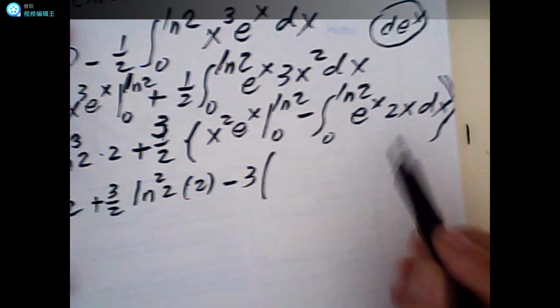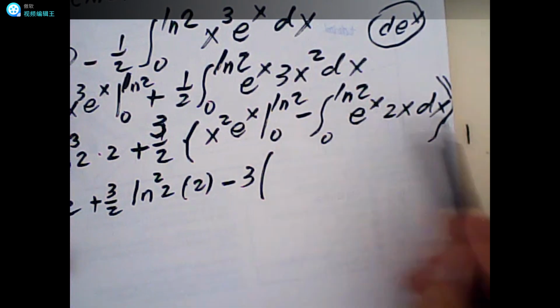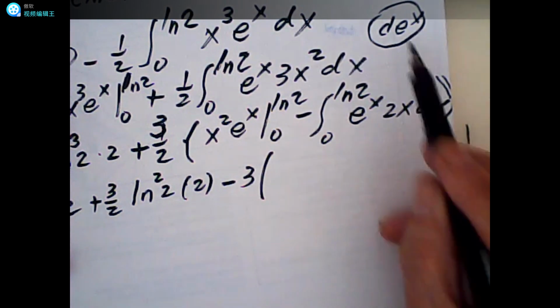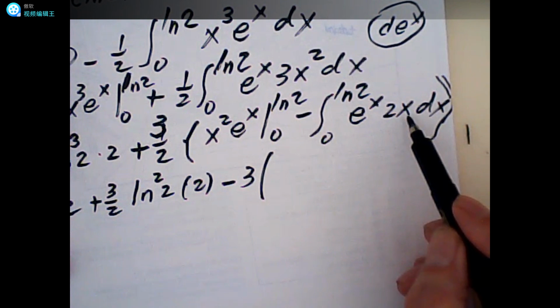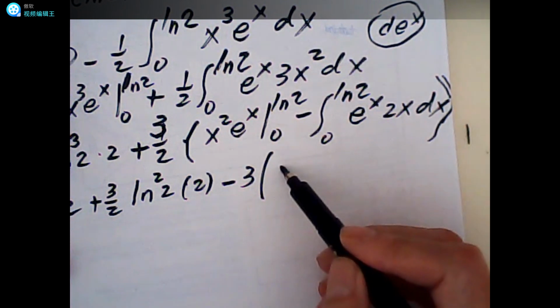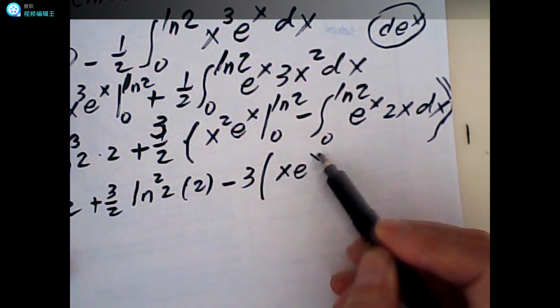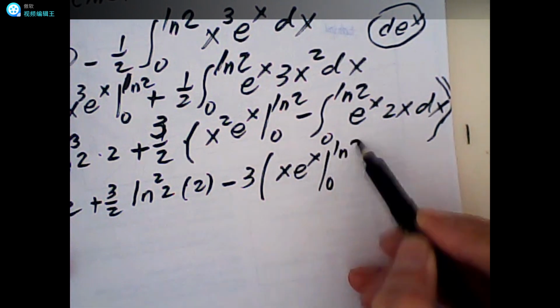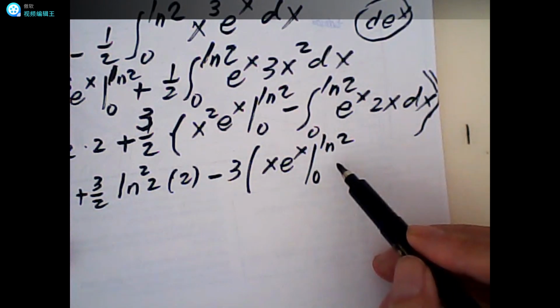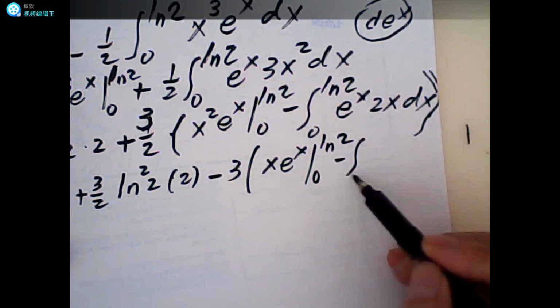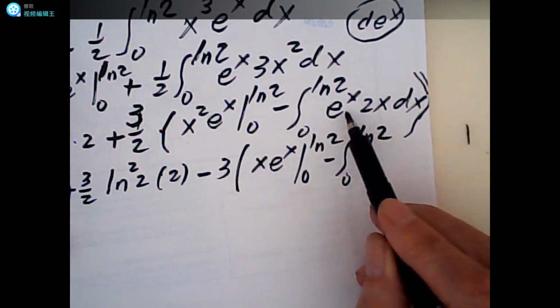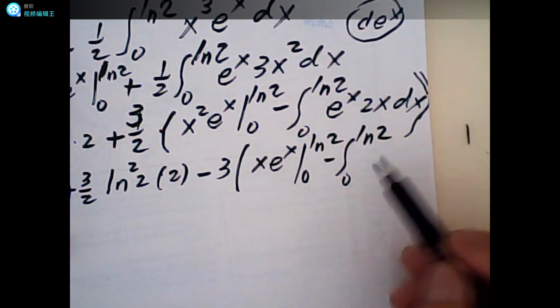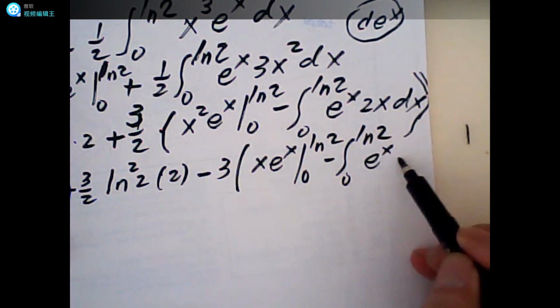So integral of e to the x dx is d of e to the x, right? Same thing as this one. So u is x. Yeah. U is x. Uv from 0 to log 2 minus integral v du. V is this. Okay. Du is dx.